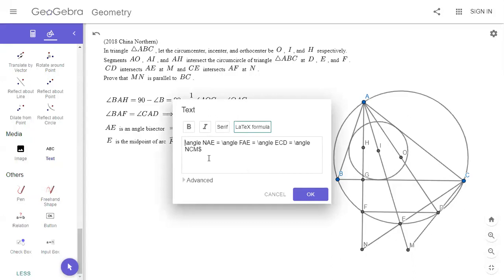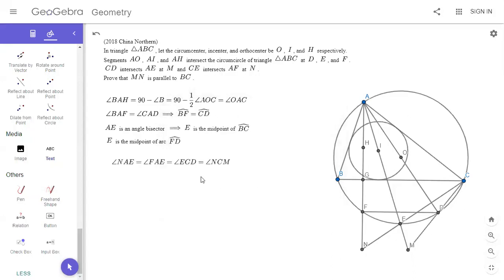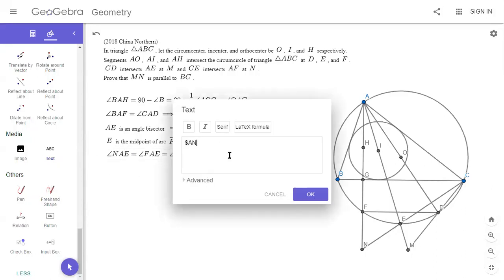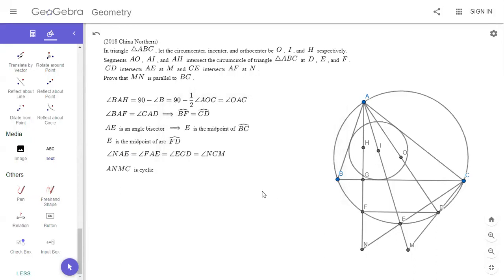Okay. And so ANMC is cyclic. And once we know that, it should be fairly easy from there, because then we have angle MNA. So actually it's 90, but we don't even really need that fact.